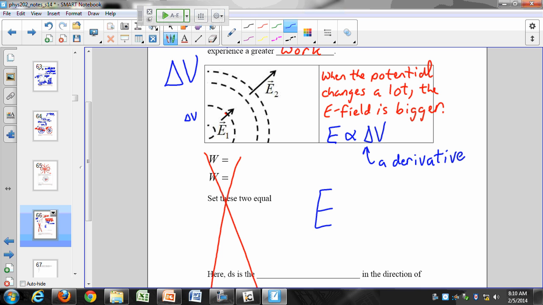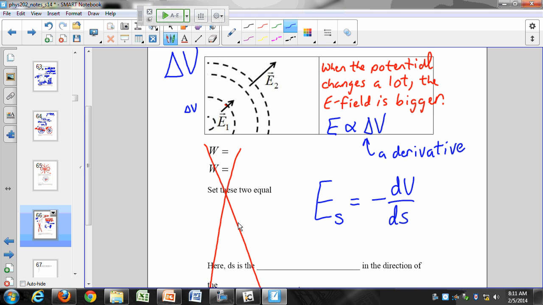The electric field in a particular direction, I'll define what that means in just a second, is going to be the negative of the derivative of the voltage with respect to that direction. The electric field is simply the derivative of the potential, the change in potential, by position.